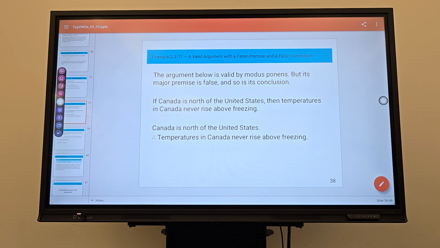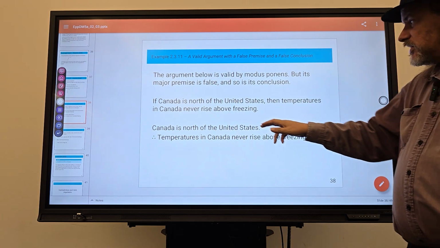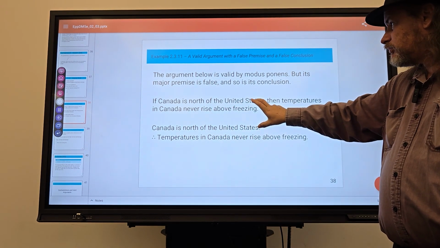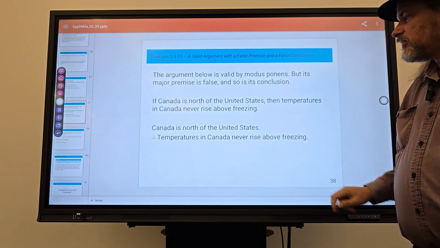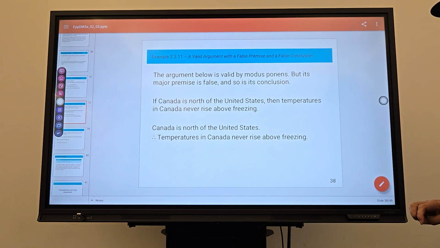The argument is valid by modus ponens, but its major premise is false, therefore its conclusion is false. If Canada is north of the United States, then temperatures in Canada never rise above freezing. Canada is north of the United States, using modus ponens, therefore temperatures in Canada never rise above freezing.